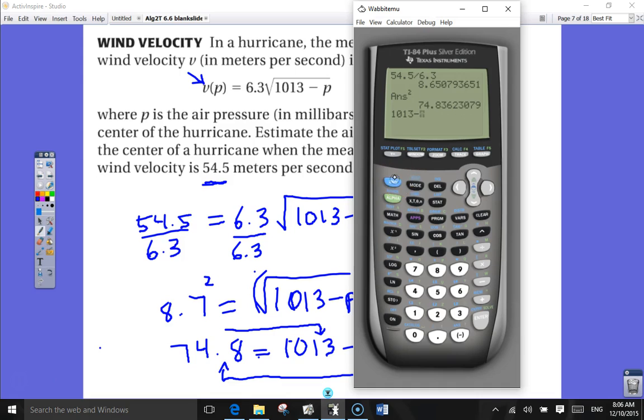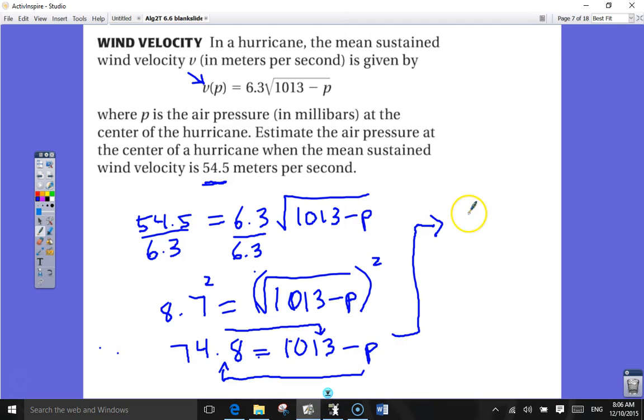So I just go second, answer. 938.2. So that's a central pressure adjusted for sea level, 938.2. And what did they say was the speed? The mean speed was 74.8. Interesting.